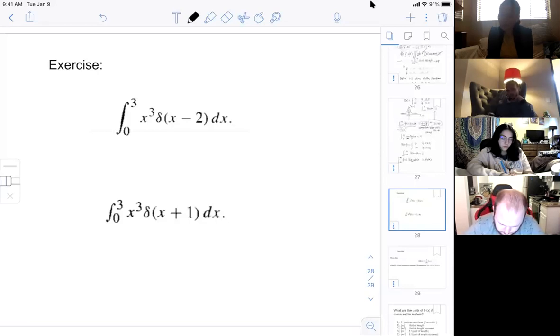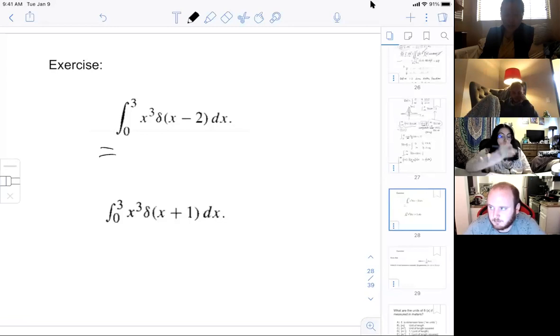Let's take a look at the first one together. Would anybody like to share how they did the calculation for the first integration? I found what a was and then plugged it into x cubed. Okay, what is the result that you got? I got 8. 8, very good. It's picking out x equals 2.